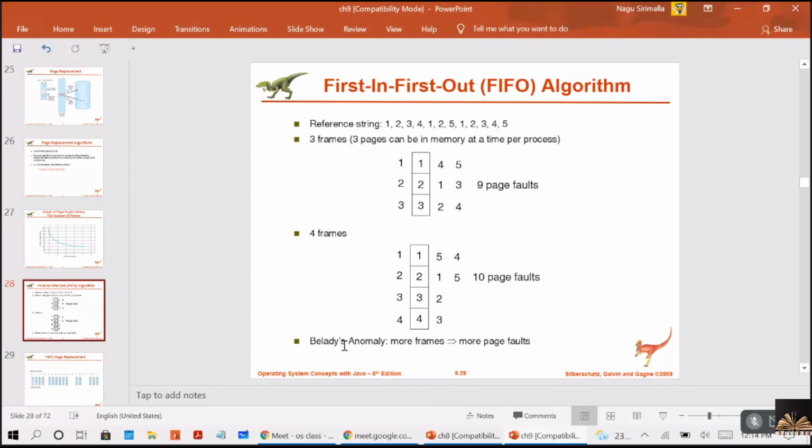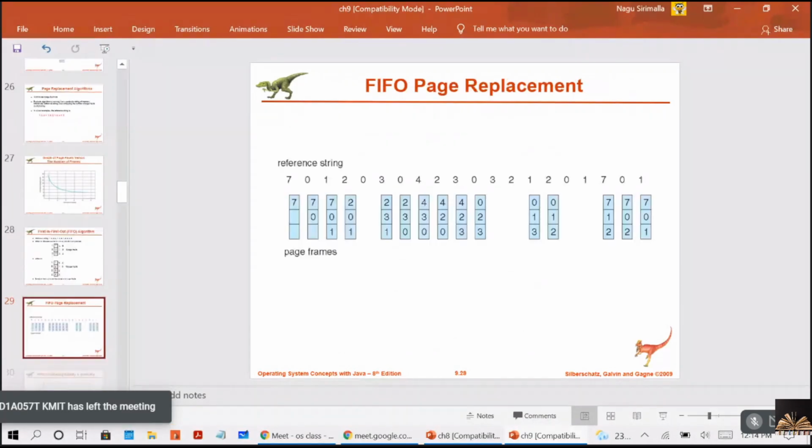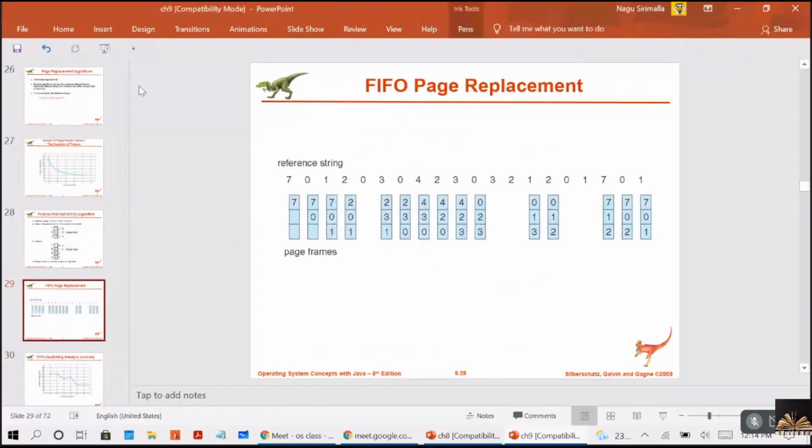But with first in first out, when you increase the number of frames, your page faults increase. So this problem is called Belady's anomaly. In the actual case, if you increase the frames, page faults should decrease, but with first in first out, more frames give more page faults. You are getting me, guys? So this is the problem. Remember this sequence, guys.